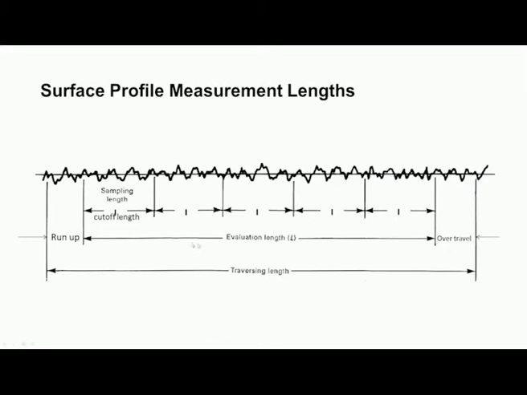Out of this, initially we have some run up length and then over travel length, which is not considered to evaluate the surface, and this distance is known as evaluation length L, and normally it consists of 5 sampling lengths. So, the evaluation length is divided into 5 lengths, each length is called sampling length or cutoff length, which is indicated by small l.